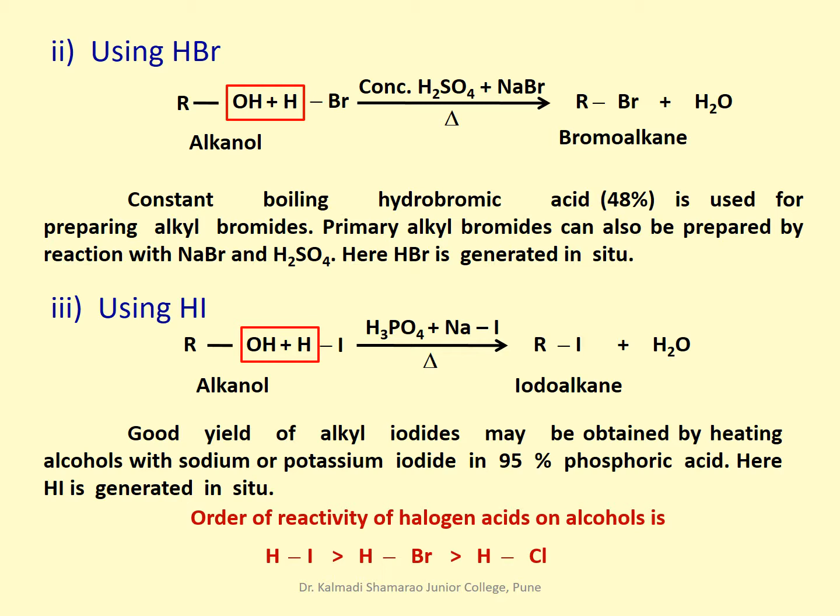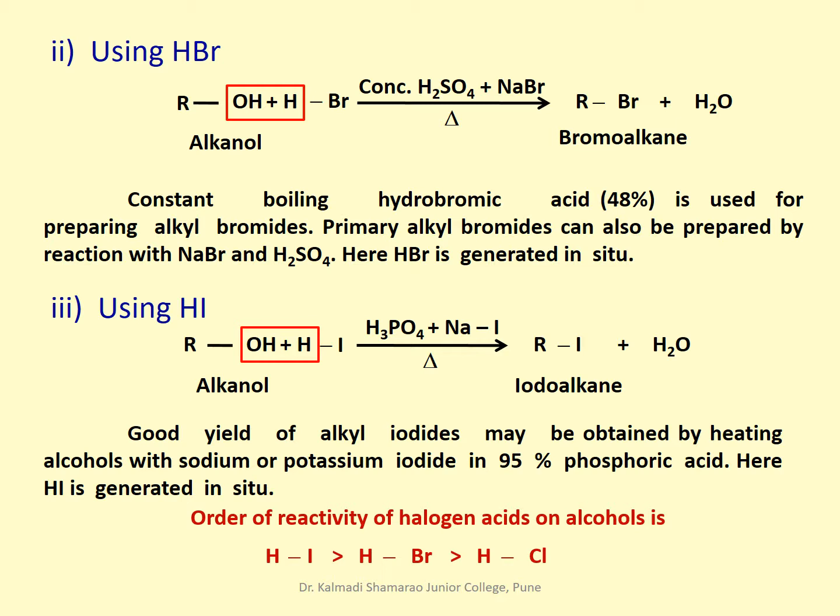The order of reactivity of halogen acids on alcohols is hydroiodic acid greater than hydrobromic acid greater than hydrochloric acid. You know that as we move down the group, atomic size increases from chlorine to iodine. As atomic size increases, bond length also increases.